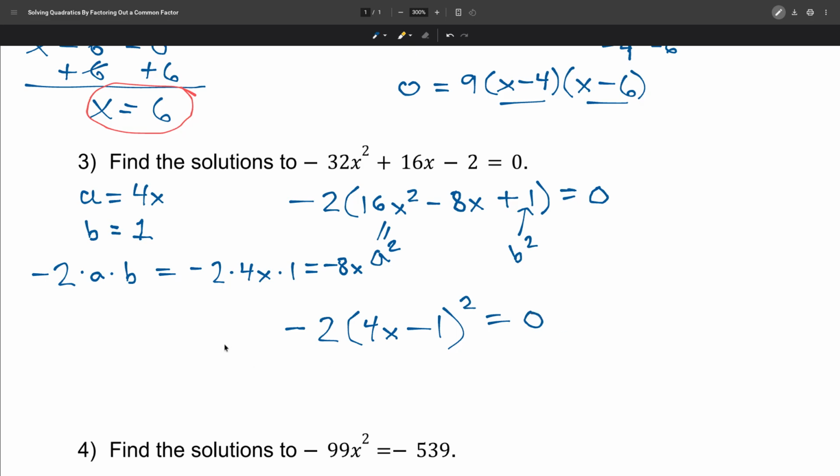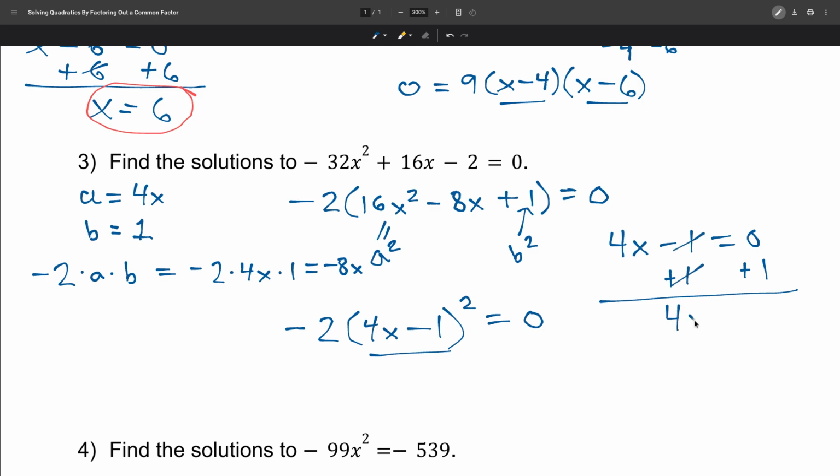So if we're thinking about the graph of this, this is going to have the vertex just touch the x-axis at the vertex, and then it's going to open downward because of the negative 2 in front. I'm going to set this here, 4x minus 1, equal to 0 to find our one unique real solution. So first we're going to add 1 to both sides. 1 minus 1 is 0.